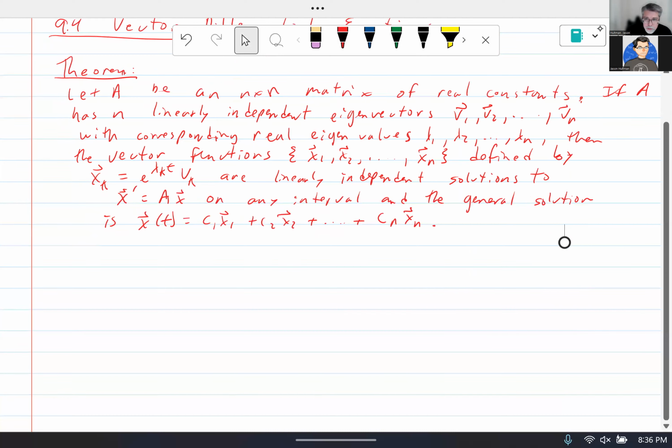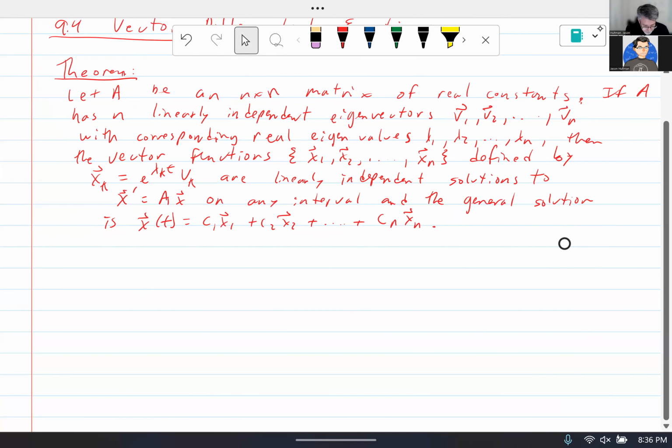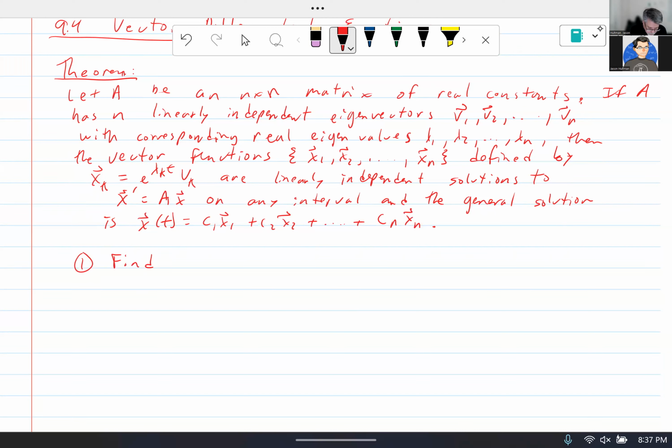So let's use some eigenvalues and eigenvectors to solve a differential equation. We've got a system here. It says find the solution to x1 prime is equal to x1 plus 2x2, and x2 prime is equal to 2x1 minus 2x2.